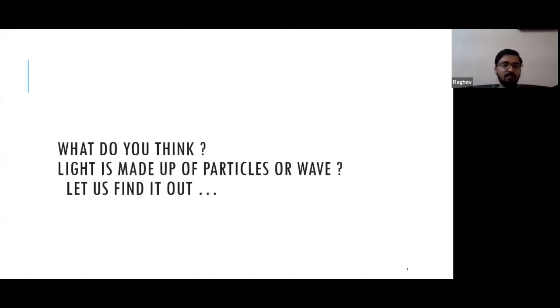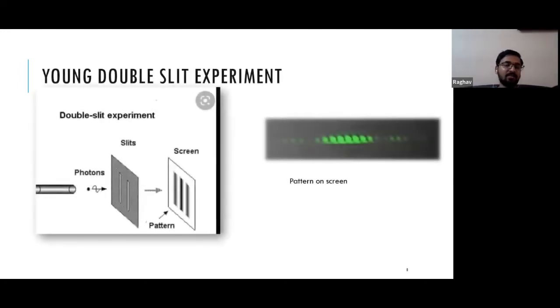So what do you think? Is light made up of particles or waves? Let us find out. There was a scientist, Thomas Young, who in 1872 designed an experiment to answer the question: is light a wave, or is it made up of photons?